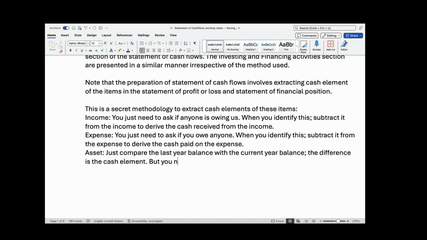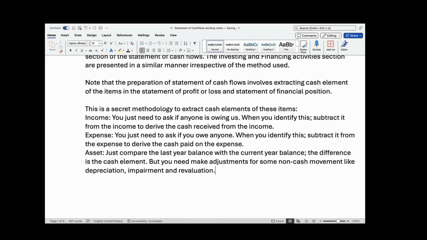But you need to make adjustments for some non-cash movements. There are some things that will have caused movements, like depreciation, impairments, and revaluation.